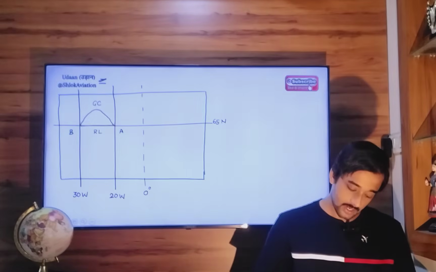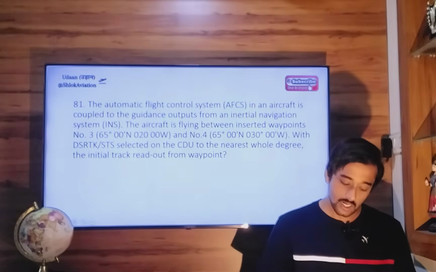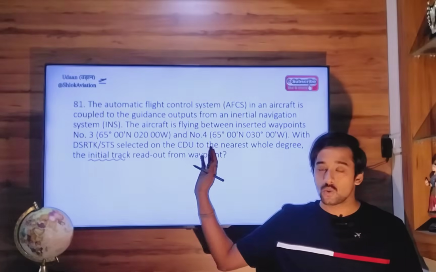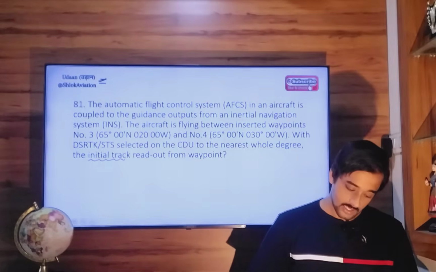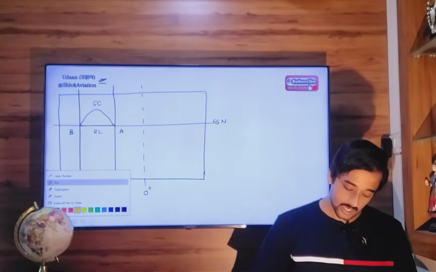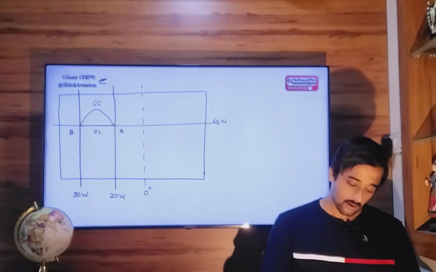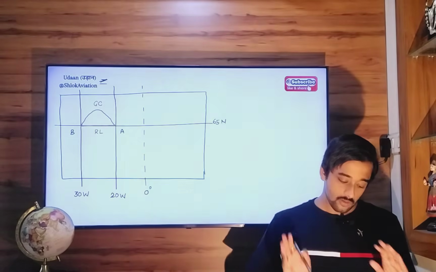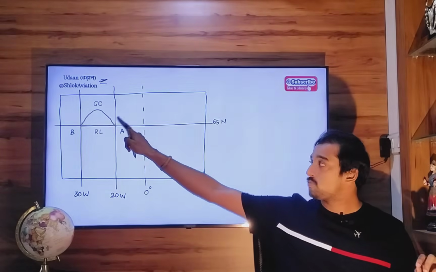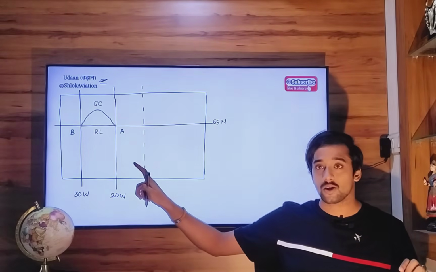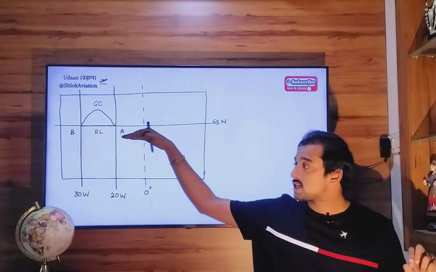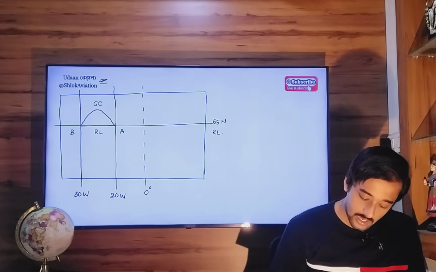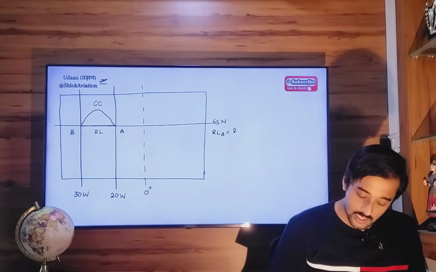So we have to find our initial track readout. We are flying from waypoint number 3 towards waypoint number 4. So great circle track at A. Flying from A to B, you will be flying a rhumb line track of 270, westerly direction, correct? So I'm going to write here: rhumb line track at A is 270.